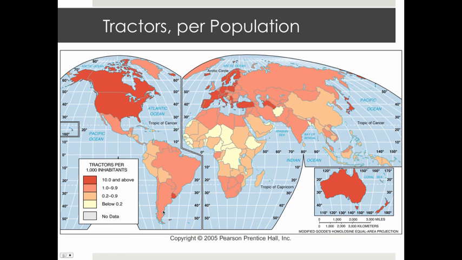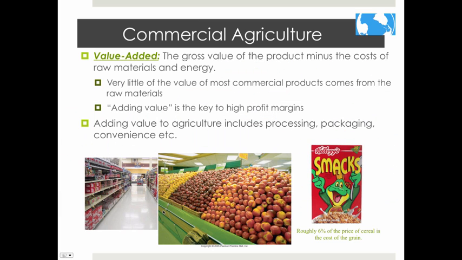Commercial agriculture also involves the concept of adding value to a product. Value added is the gross or total value of a product minus the cost of raw materials and energy. Very little of the value of most products from commercial farming comes from the raw material. You add value to that raw material by processing it, by packaging it, giving the consumer more convenience.